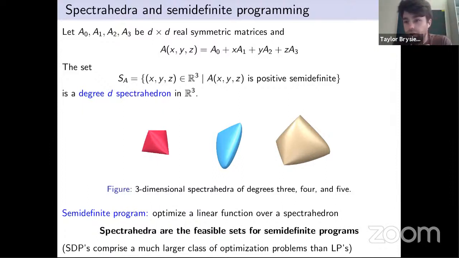And again, all we're doing is asking to maximize or minimize some linear function over a spectrahedron. And so the next thing I want you to take away at the end of this talk is that spectrahedra are the feasible sets for semidefinite programs. However, we don't actually know nearly as much about spectrahedra as we do polyhedra. So we're interested in learning more about them.